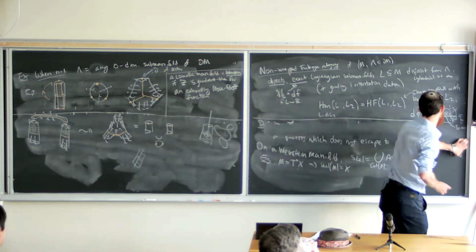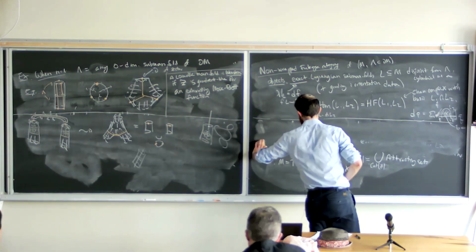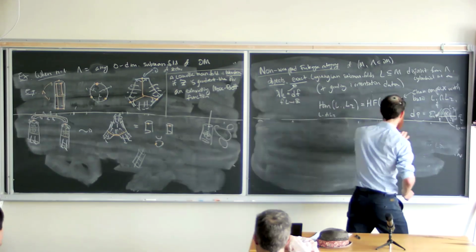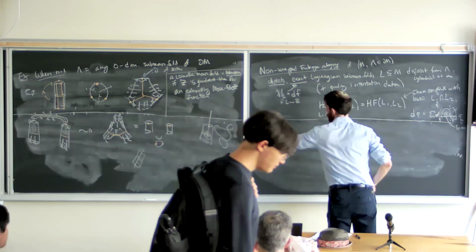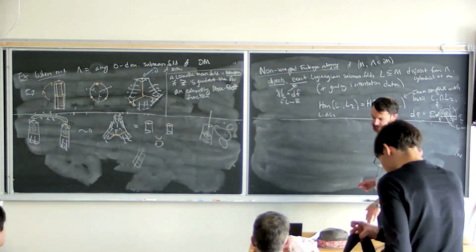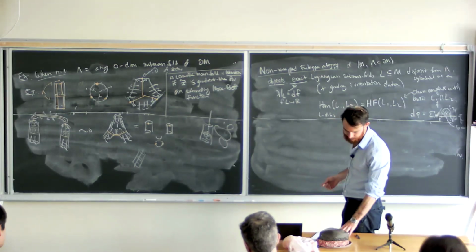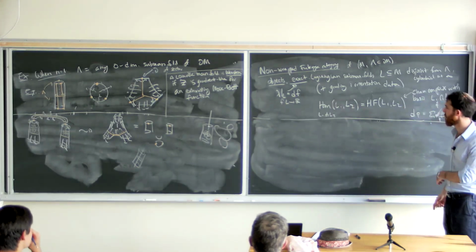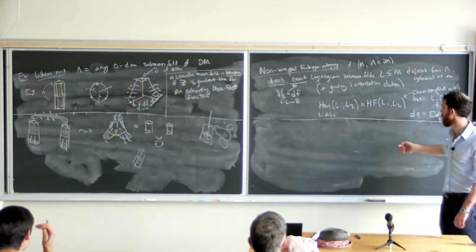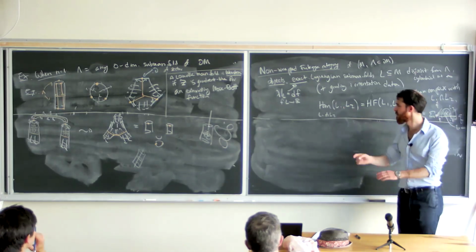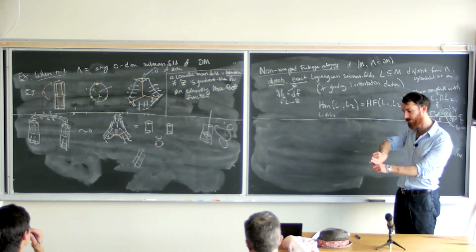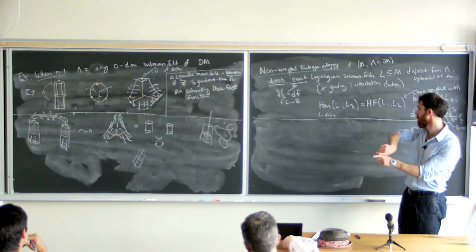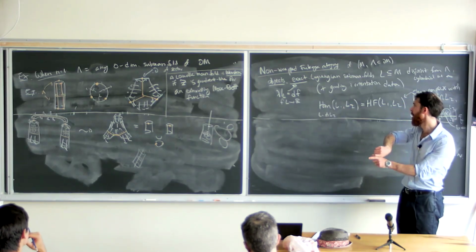So I told you what the non-wrapped Fukaya category is. To define the wrapped Fukaya category, I only need one further ingredient, which is the notion of a positive contact isotopy. A fundamental thing in Fukaya categories and Floer cohomology is that sometimes you have Lagrangians that are not transverse, and the way you solve that is you do some compactly supported Hamiltonian isotopy.